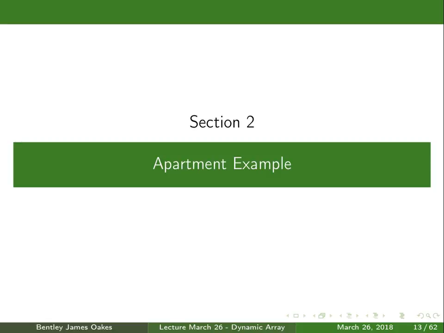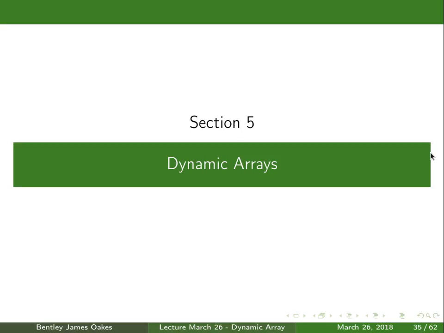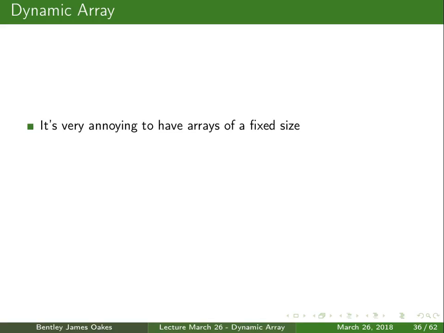I'm going to skip the apartment example for right now, and I would like to go to dynamic arrays, because I'd like to get through that first. So we'll skip to page 35, dynamic arrays, and let's talk about why we want some dynamic arrays.